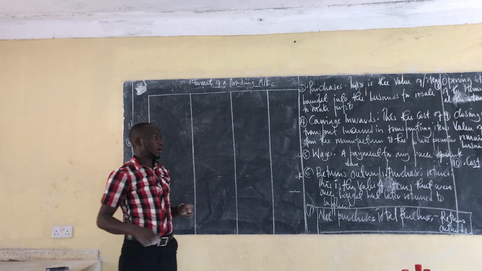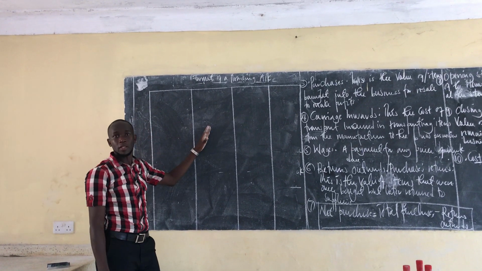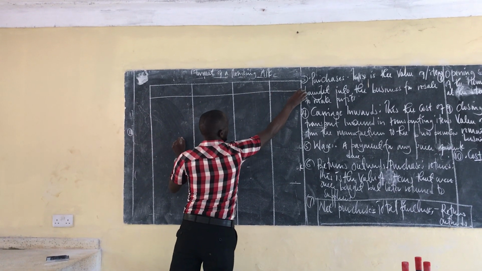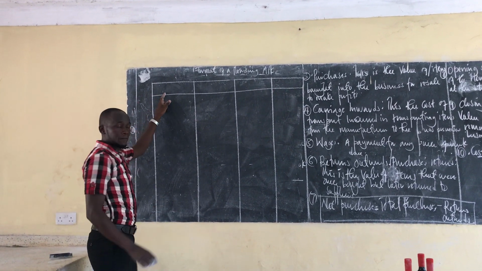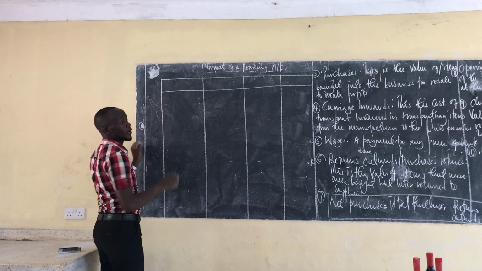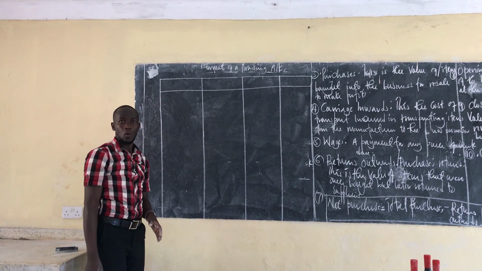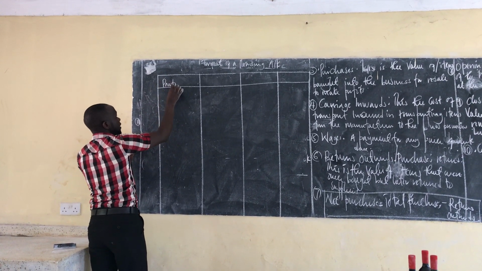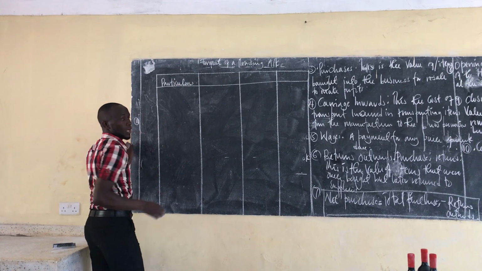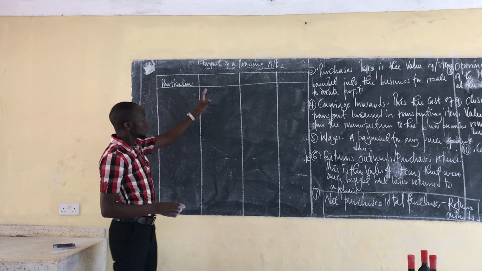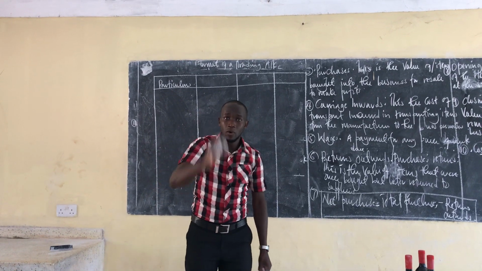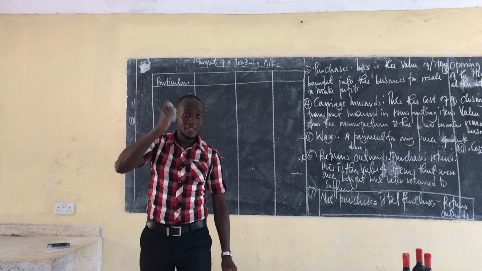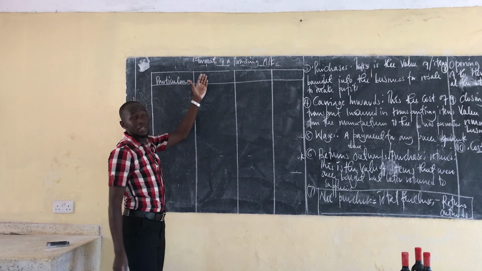There is a T format, but let's opt for this. When you look at this format, the first column is always the details column. You put in the details of what you want to write. You can call them particulars or details. The other columns are called amounts columns. Don't forget, the amounts columns must be written with units.